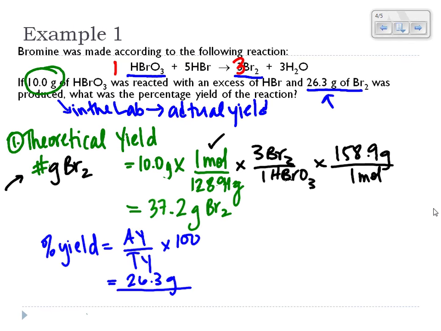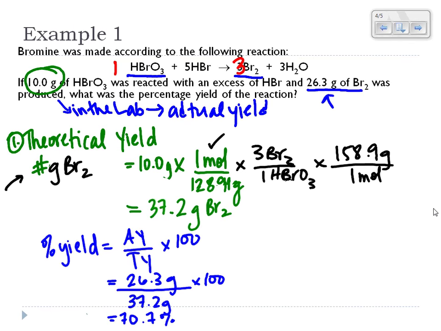What I should have gotten, if I did everything correctly, theoretically, I should have gotten 37.2 grams. And when I times that by 100, what do I get? So 26.3 over 37.2 times 100, so I get 70.7%.